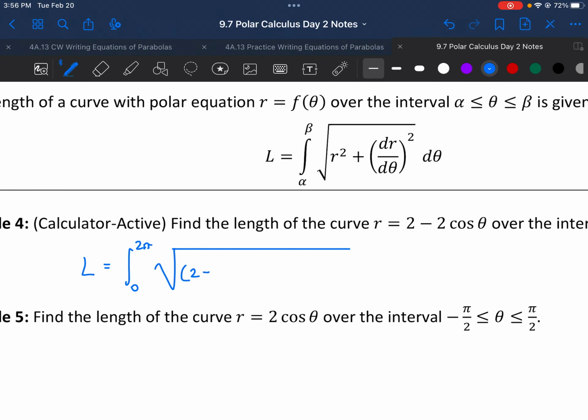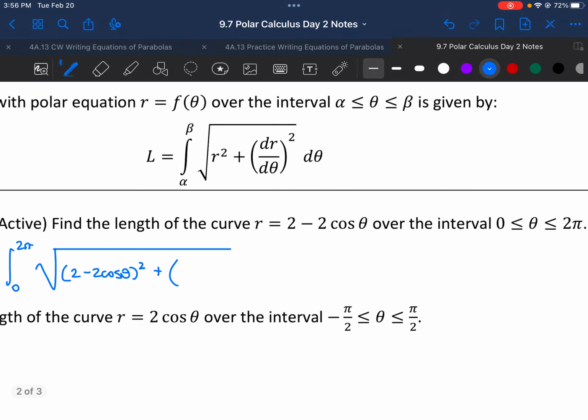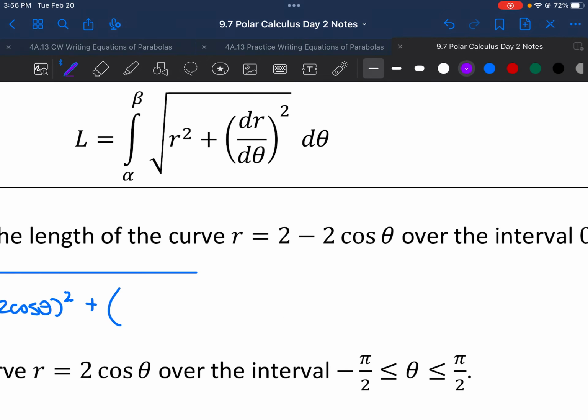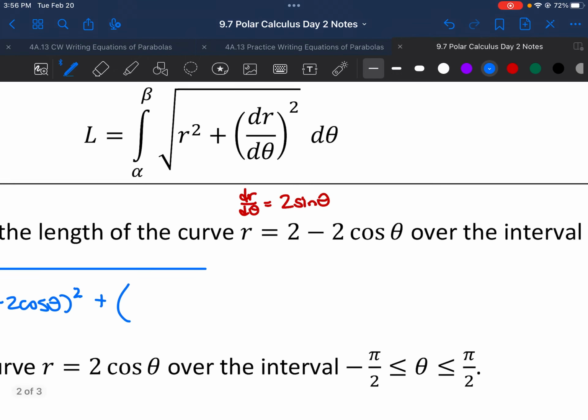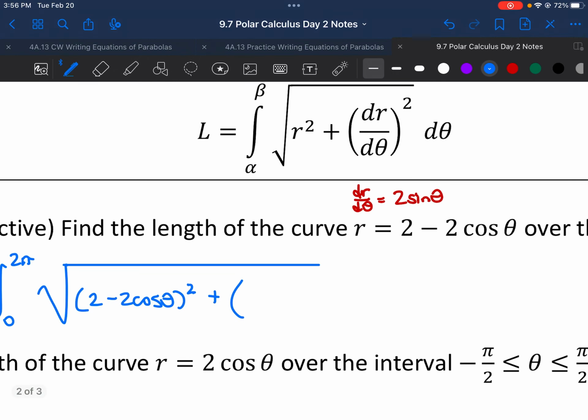So (2 minus 2 cosine θ) squared plus the derivative of r with respect to θ. Let's go ahead and calculate that. dr/dθ equals, well, derivative of 2 is 0. Derivative of negative 2 cosine θ is 2 sine θ. All right, so that's going to be (2 sine θ) squared, dθ.